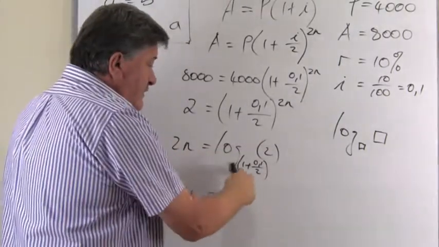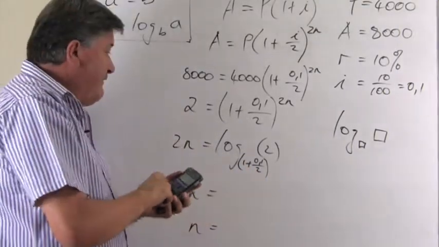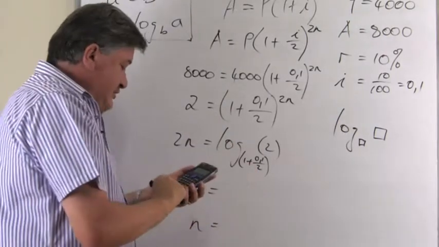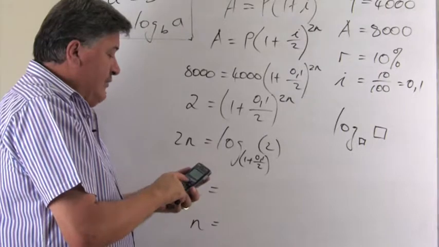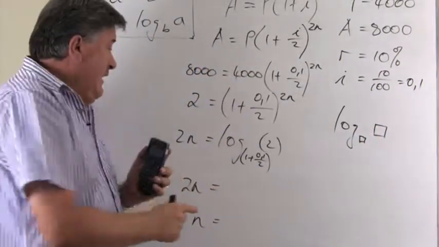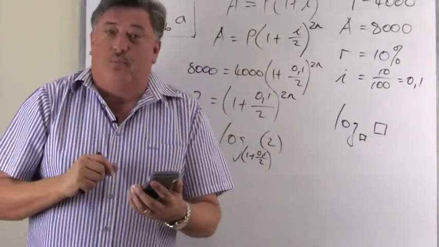It asks me for the base first. So I say 1 plus, I open up the fraction, 0.1, and with the arrow key I put down the 2, and I move away to that position with my arrow key, and then I put in the 2 there, and then I push the equal button.